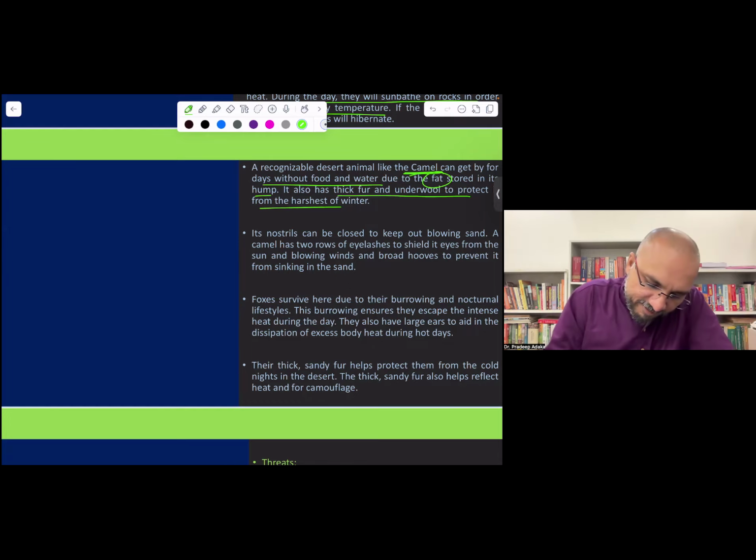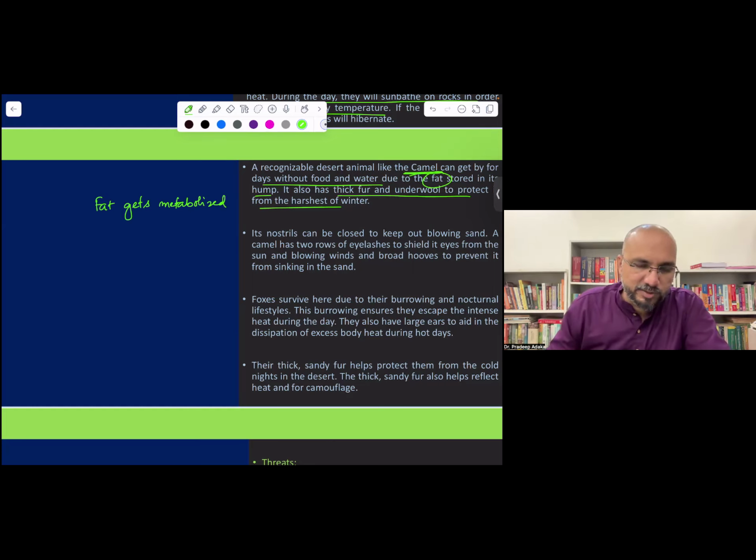So when this fat gets metabolized, just as when we eat fat, fat gets metabolized, this produces water. It is called metabolic water.